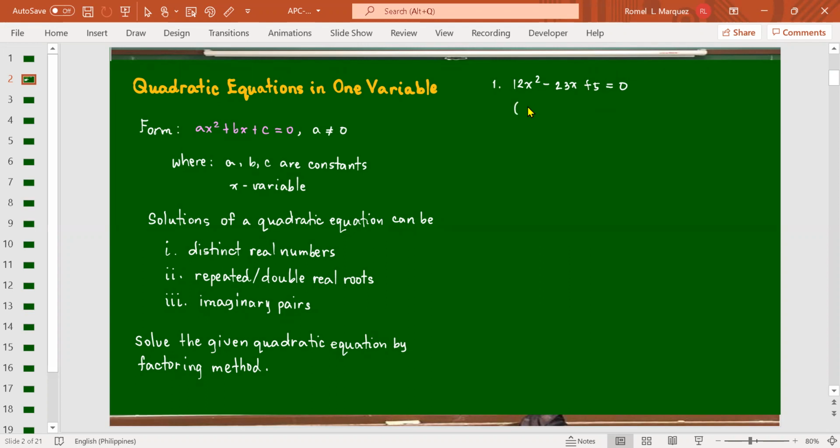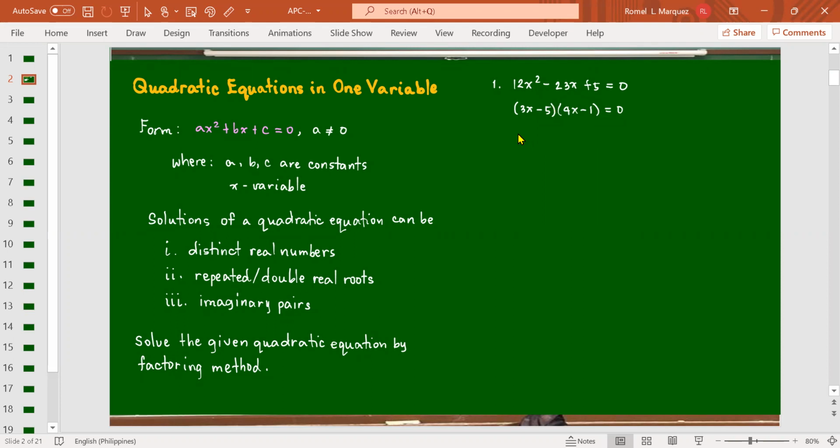So possible factors, we have 3x plus 5, and the other factor, 3x minus 5, 4x minus 1. So let's check. 3 times 4, that is 12, then x squared. Negative 20, negative 3, that is negative 23x.